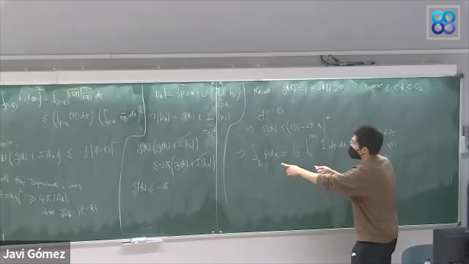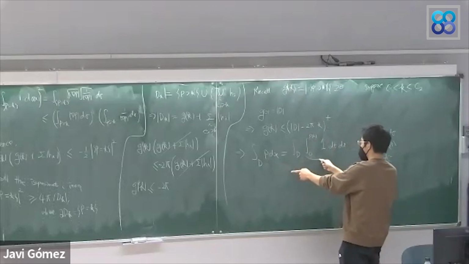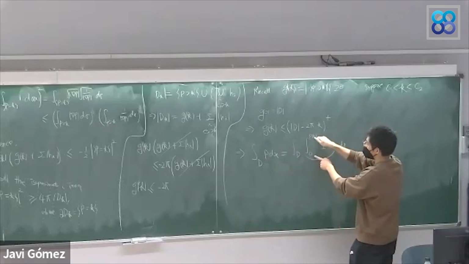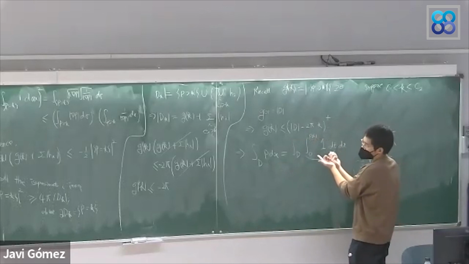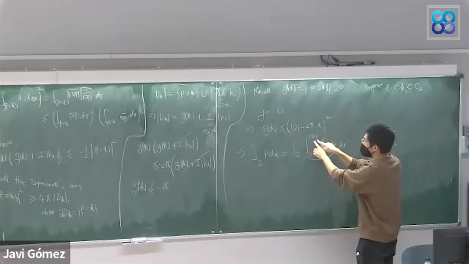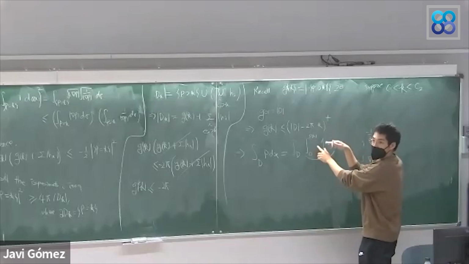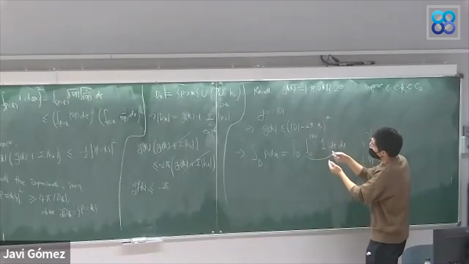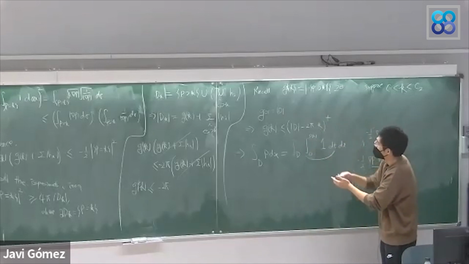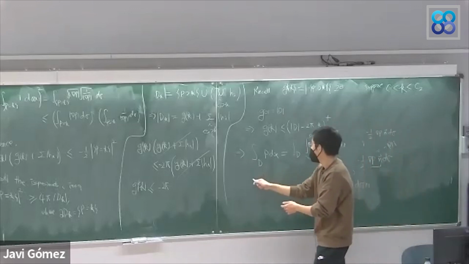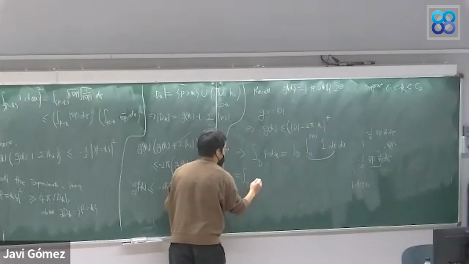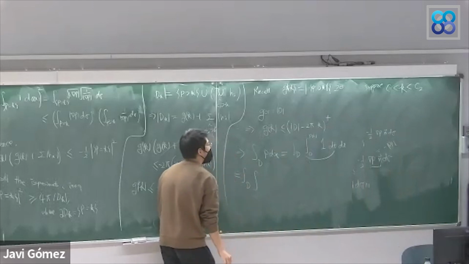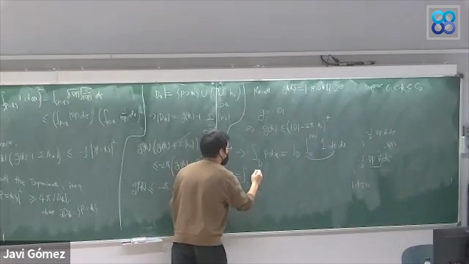So here I replaced this p by the integral from 0 to p(x) of 1. This is just p(x), and also please remember that p is always a non-negative number. So we can just integrate from 0, and then we can replace this 1 by 0 to infinity.